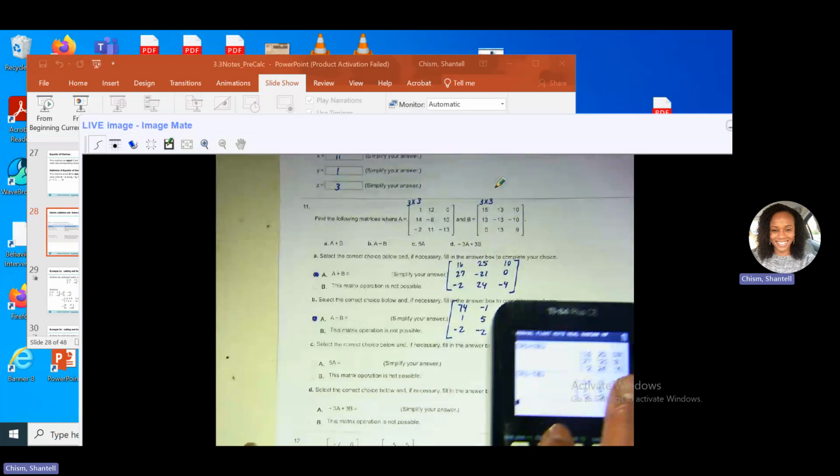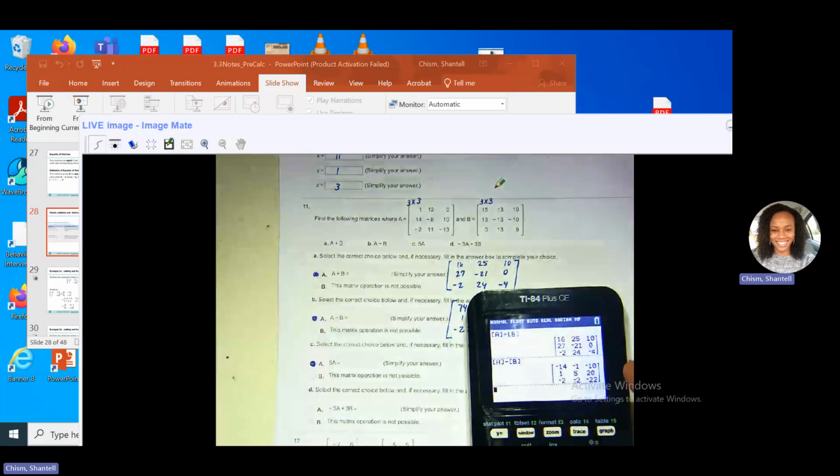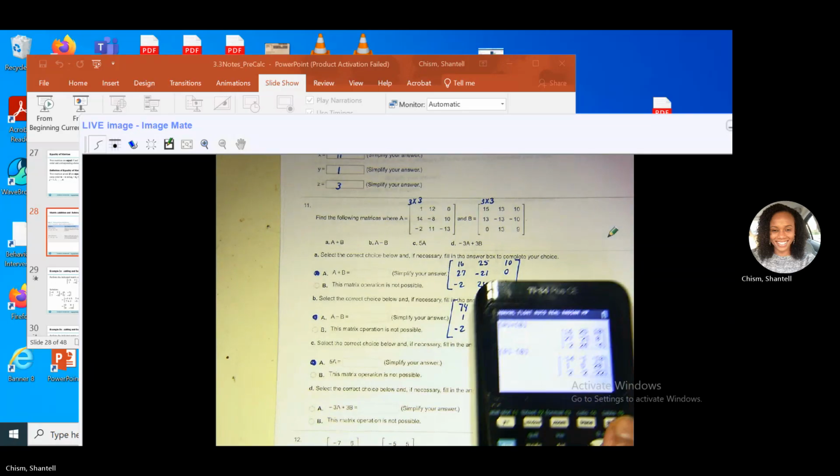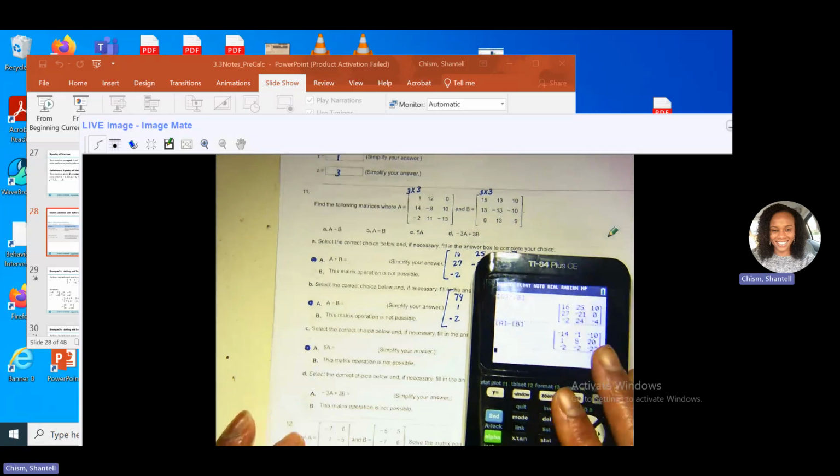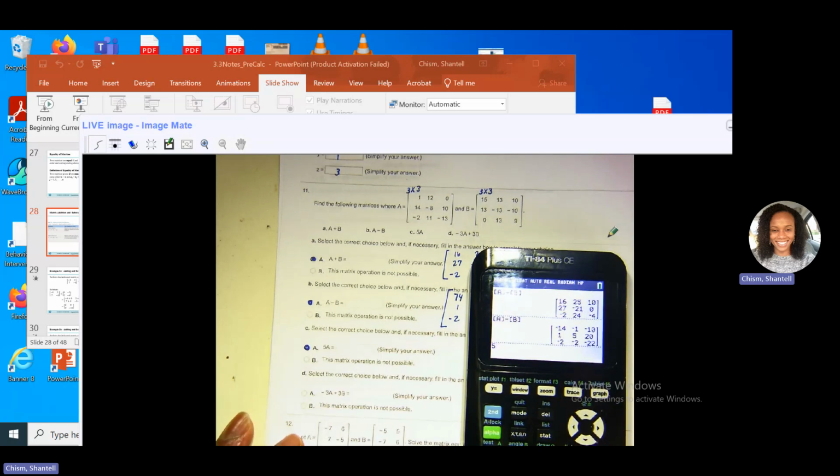Part C, you're trying to multiply 5A. Okay, so let's type that in.